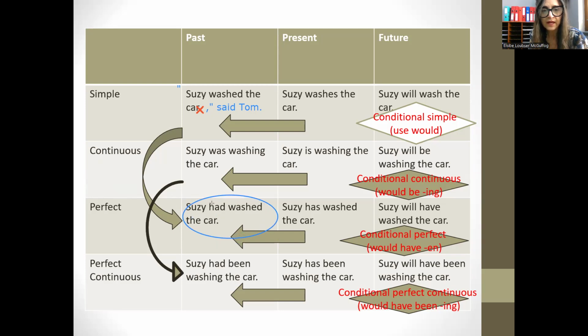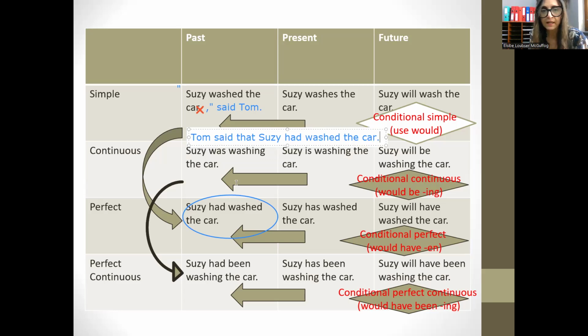So to create the indirect speech for that, Susie washed the car, said Tom, you're going to say, I'll write it over here. Tom said that Susie, and then you know you've got to say had washed the car, because your arrow took you to this Susie had washed the car grammatical structure.